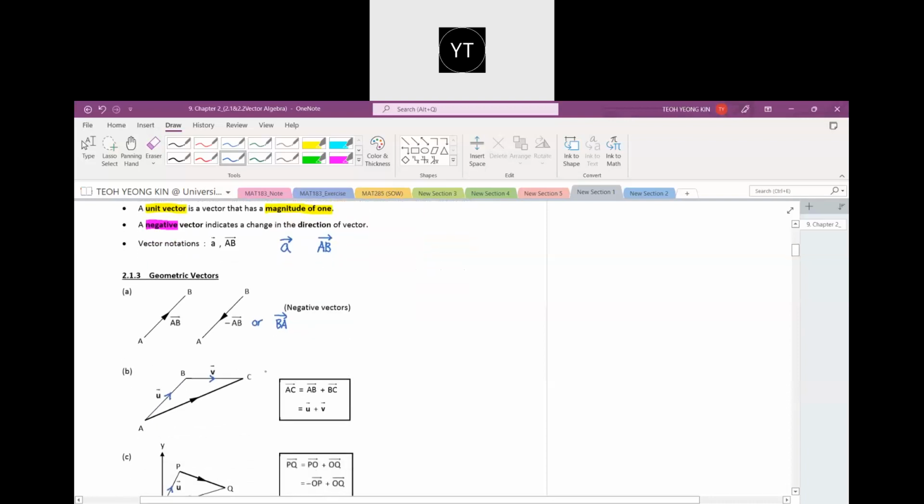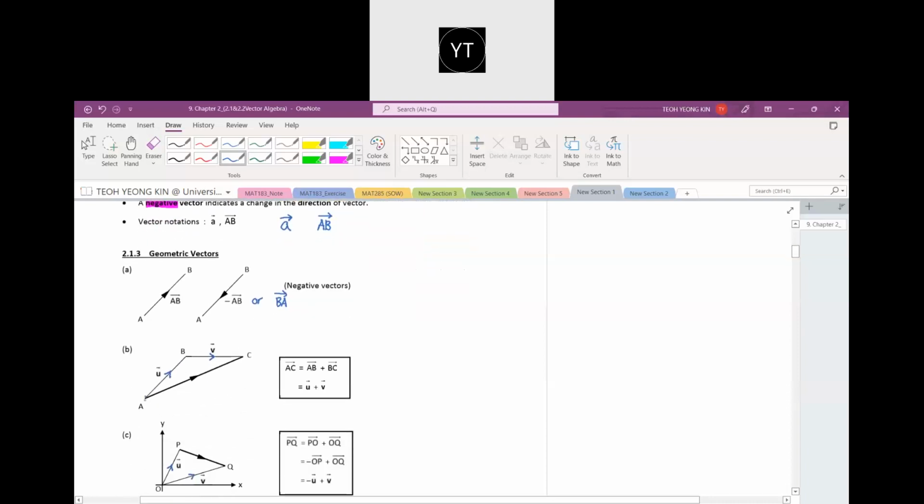For example, from A to C, let's say, the vector of A to C. So alternatively, we can move from A to B dulu. Kita bergerak daripada A ke B. Kemudian B ke C. Macam alternatif lah. A to C, we can move from A to B dulu.